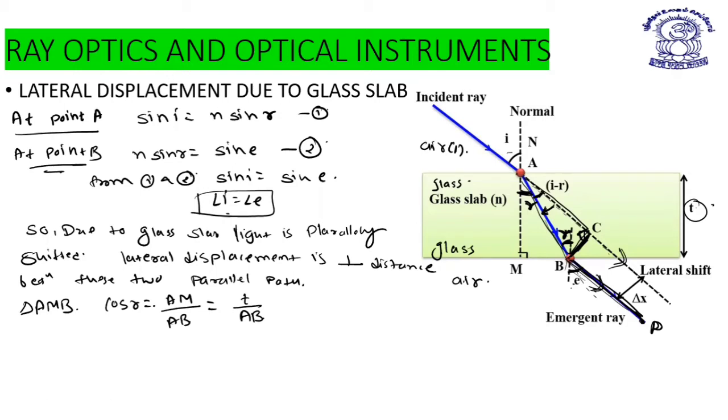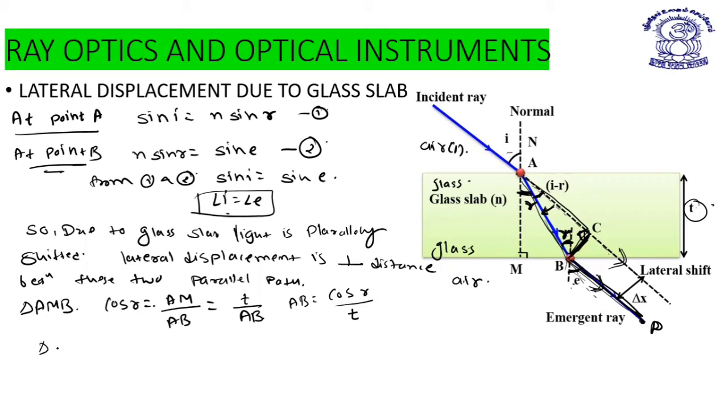So in triangle AMB, we can write cos R is equal to AM by AB. AM is the thickness of the glass slab, that is T, upon AB. So we can write that AB is equal to T divided by cos R.